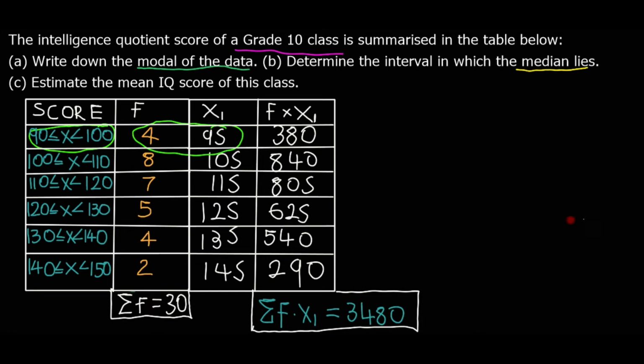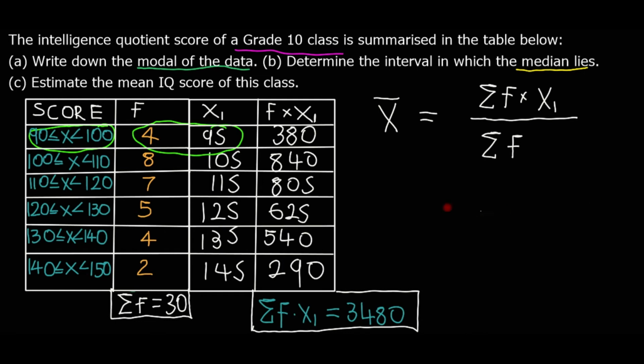And then from there we want to find out the mean. So we use this symbol because this symbol represents the mean. The formula to find the mean for grouped data is the sum of the frequency times the midpoint, divided by the sum of the frequency.